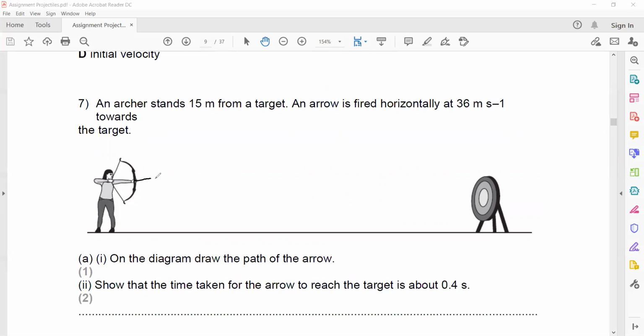It is not exactly horizontal. It will start to deviate. So this was a trajectory. If the archer or the target is closer, what will happen?